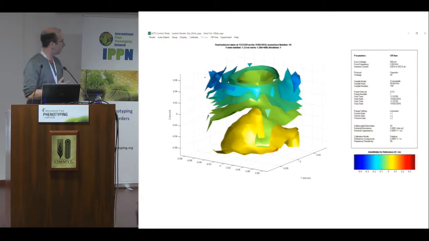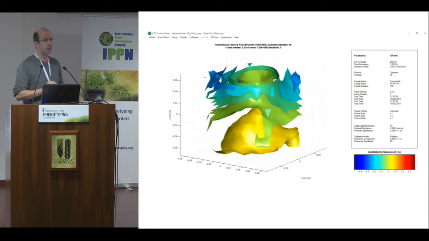What you have is a reconstruction of the interior of a pot where you are looking at changes in electrical impedance, and those are a combination of the physical structure of the plant root, also water uptake and also root exudates. So we do not have any resolution here. What we're looking at is the signal of both the physical and the physiological impact of the root system and the disease on the pot.